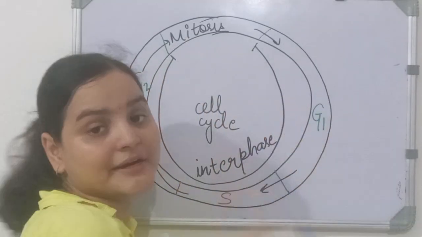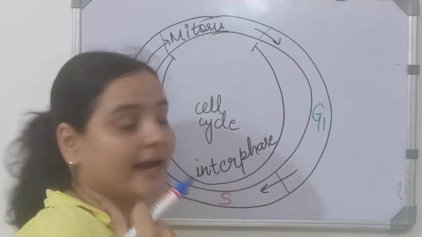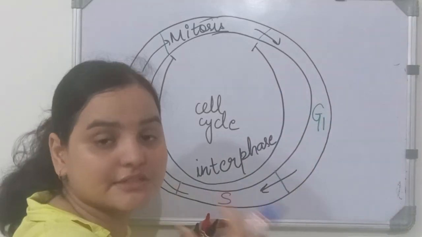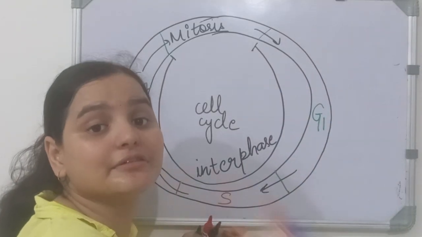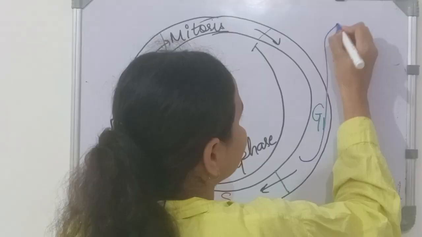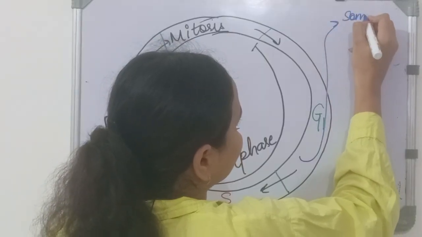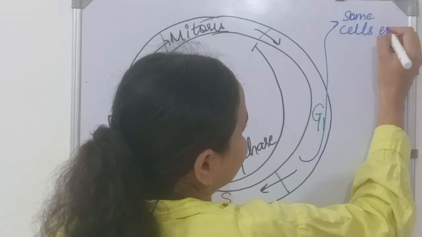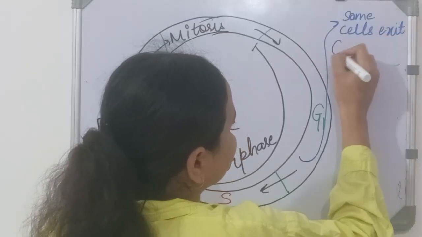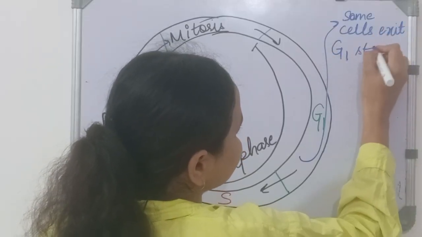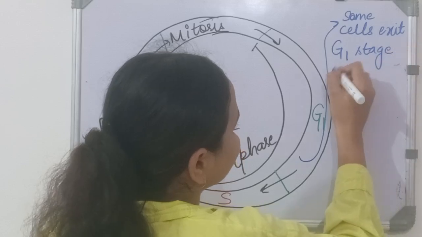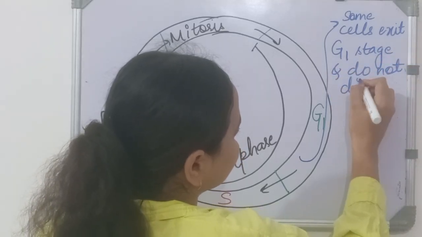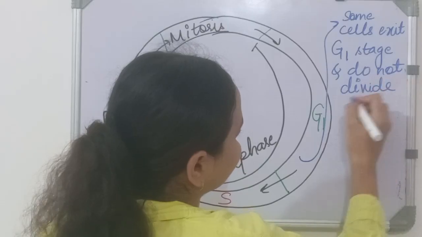Now here one important point you need to remember: some cells leave this G1 stage and they do not divide further. So some cells exit G1 stage and do not divide further.